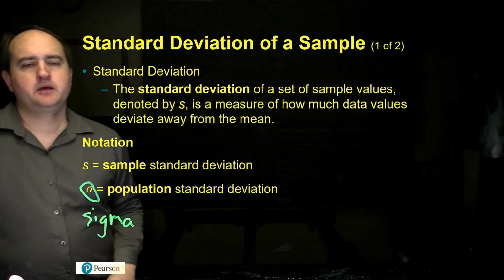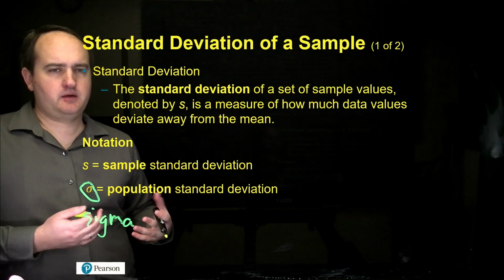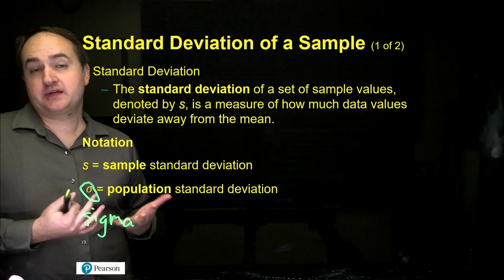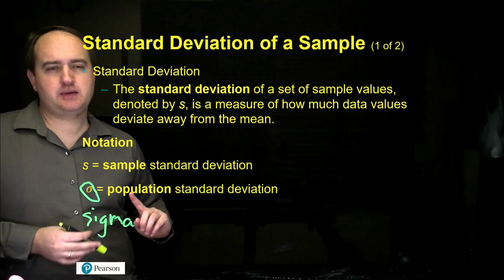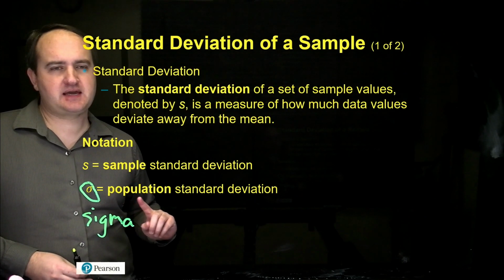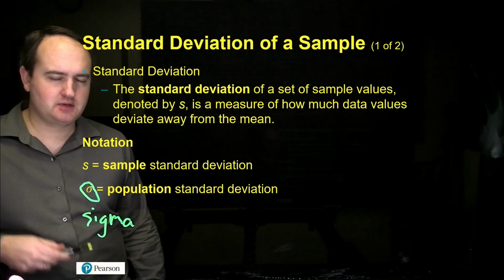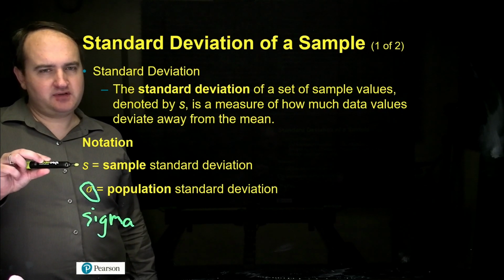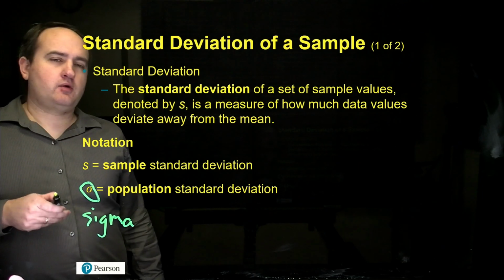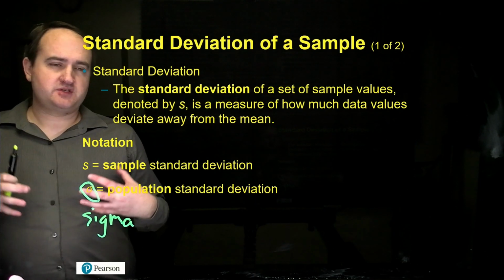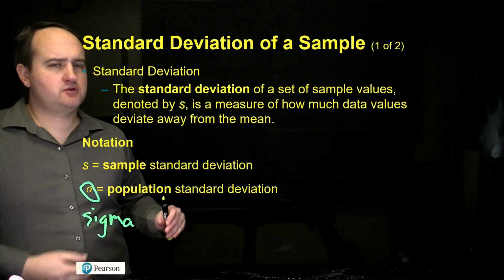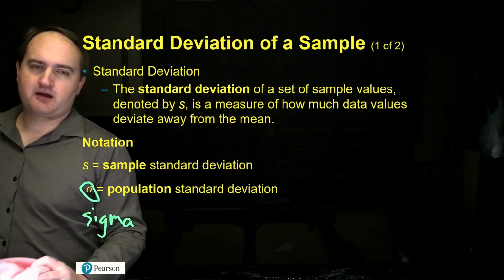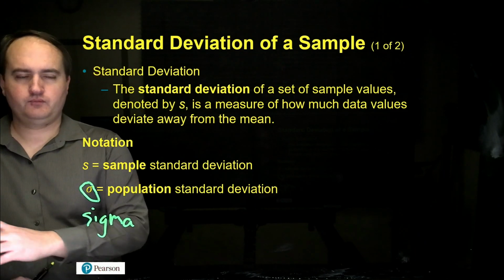And here it represents the standard deviation for the population. But unless we can do a census, we're not actually going to be able to calculate sigma, the population standard deviation, which is why I say we're going to focus on calculating the sample standard deviation. Even though we're just doing the sample standard deviation, we can still talk about the population standard deviation, even if we can't necessarily calculate it.